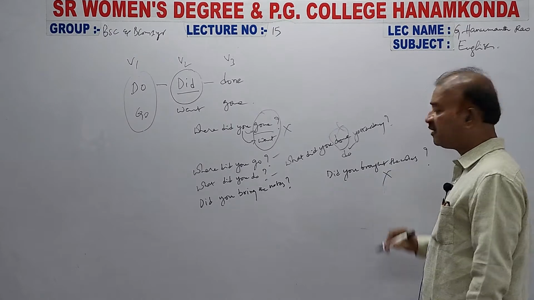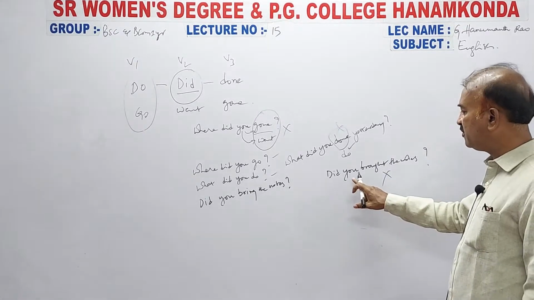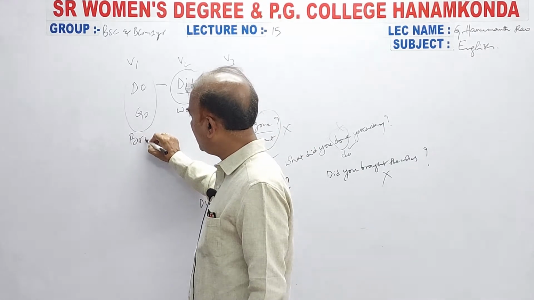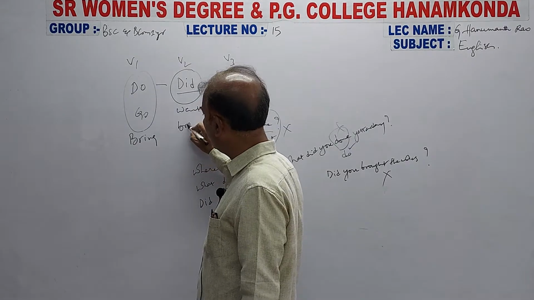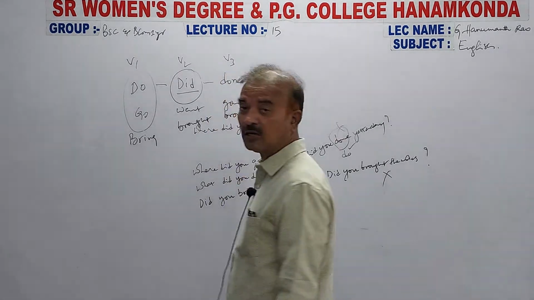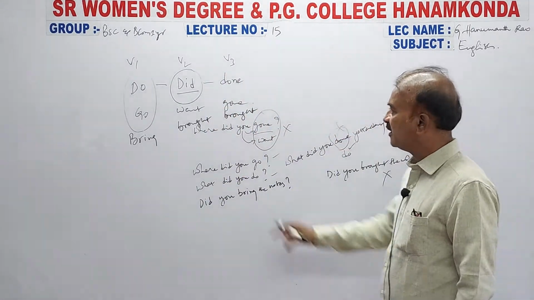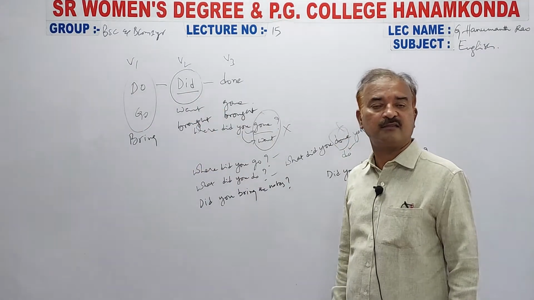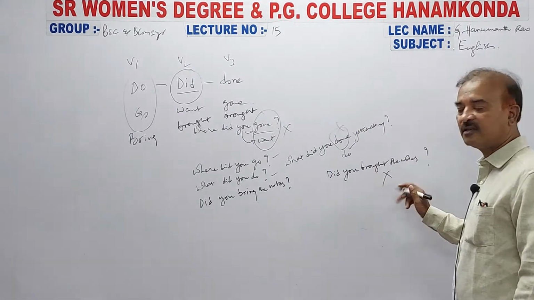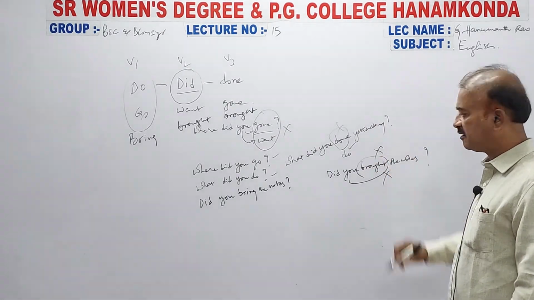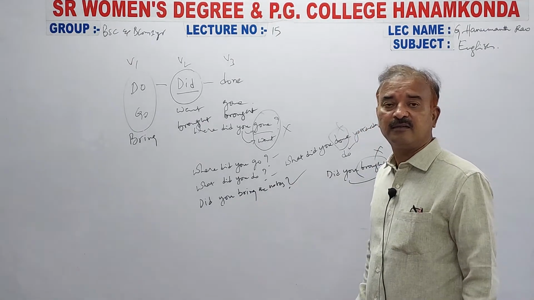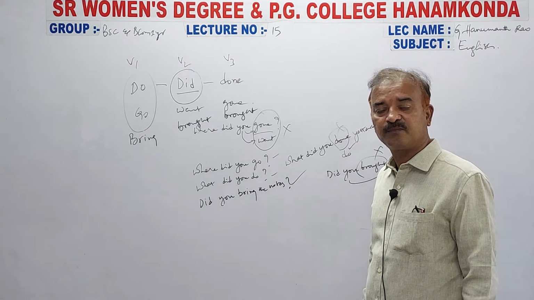This is totally wrong, because did is past tense. Here check this one, bring, brought. Did is past tense, brought is also past tense. Did you brought the notes? This is wrong. Did you bring the notes is right. Make a note of all these things, girls.